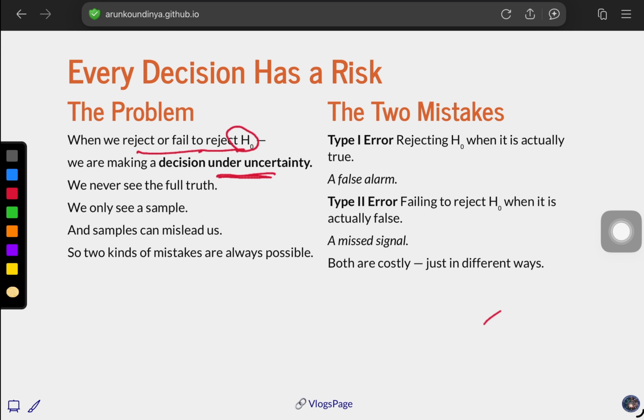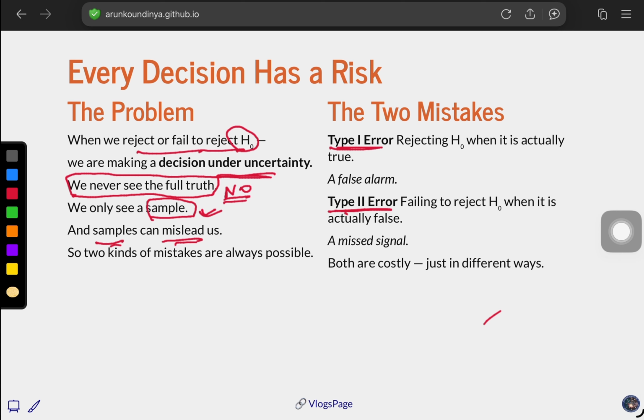However, have we ever seen the full truth? No, we have never seen the full truth. We only saw a sample. So samples can always mislead us. Maybe the data is not sufficient, maybe we have collected the wrong sample, it can be anything. So there are two different types of errors, famously called Type 1 and Type 2 errors.